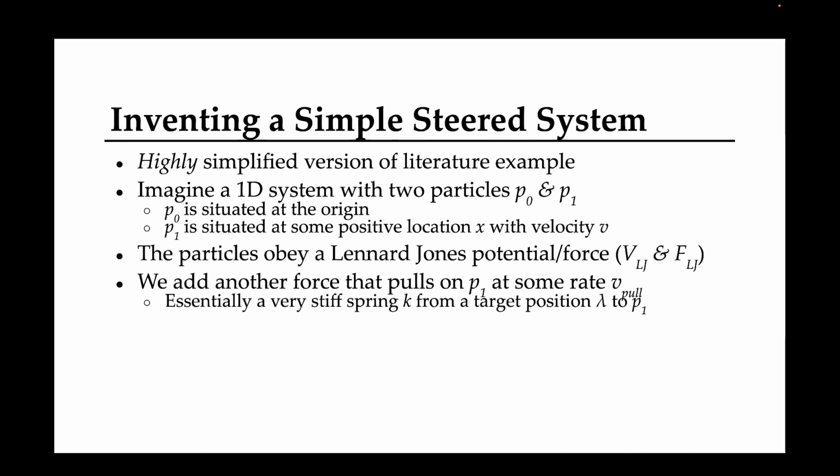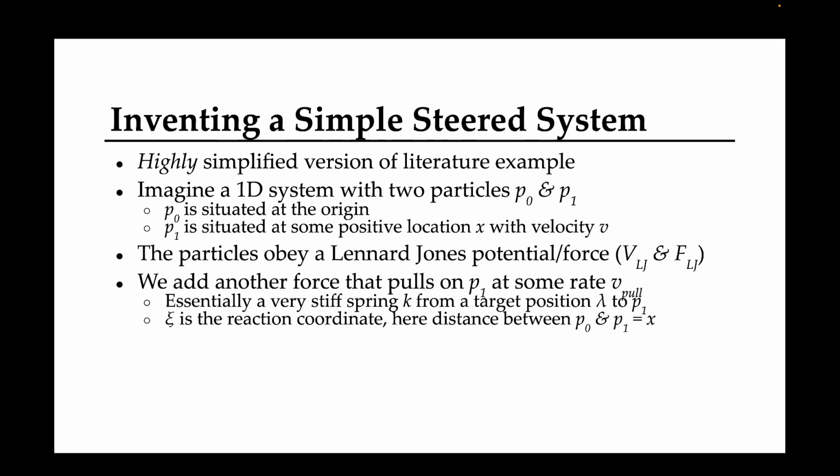And essentially, the force is going to come from a really stiff spring with spring constant K from some target position lambda to P1. Okay, very, very confusing. But the spring is connected between lambda and P1, right? And we're going to move lambda. And by moving lambda at V pull, we're going to essentially get our spring force.